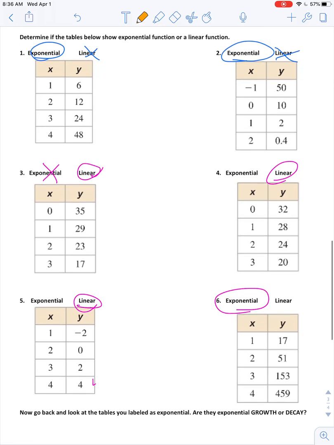So number 1 is exponential. And are these numbers, as I go down the list, are they getting bigger or smaller? Well, I keep getting bigger. I keep doubling in size. So I would say that's an exponential growth function. And the graph would look something like that.